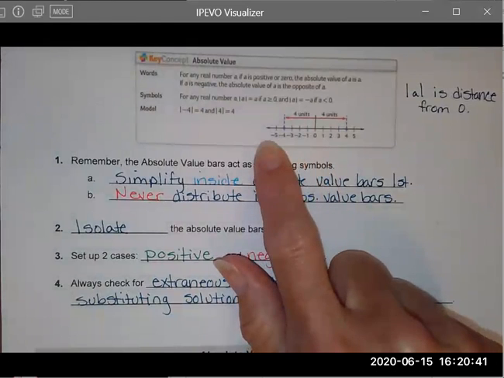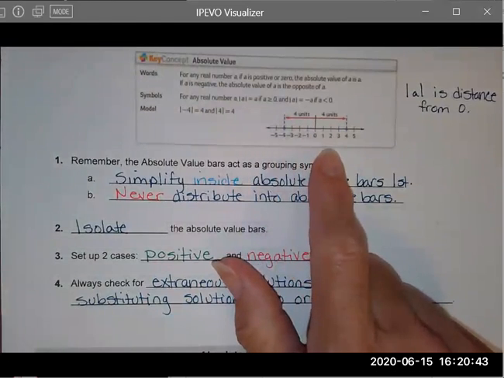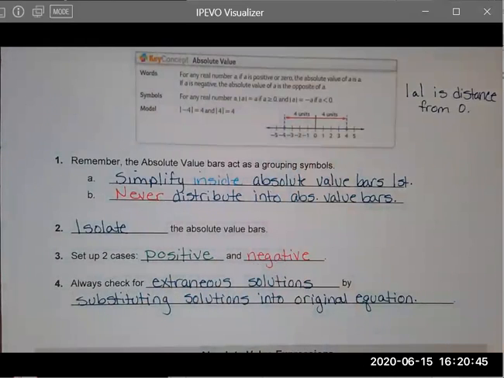And we can go in a negative direction, we can go in a positive direction, but both of them will come up with a distance from our zero. And the last thing we want to know, similar to all of our solving equations, we want to check for extraneous solutions, and we do that by substituting our solutions into our original equation.